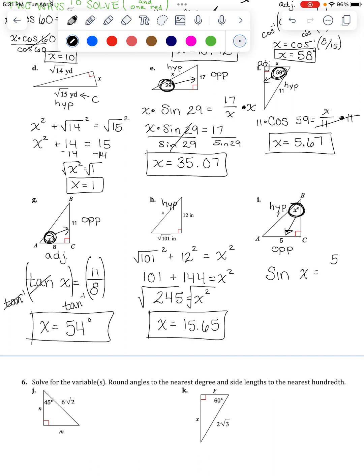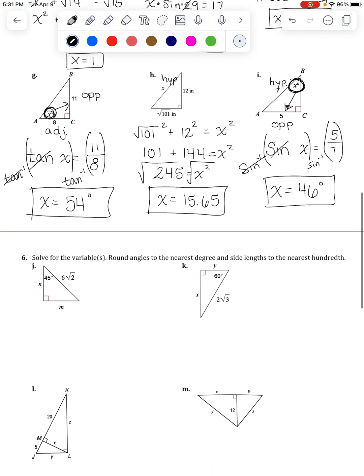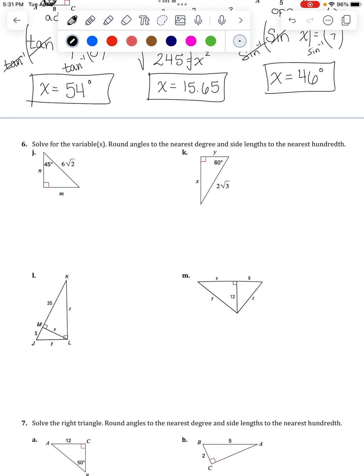Opposite and hypotenuse is sine. Sine of x is equal to 5 over 7. I sine inverse both sides because my variable is my angle. Sine inverse of 5/7, rounded to the nearest degree because it's an angle, is 46 degrees.